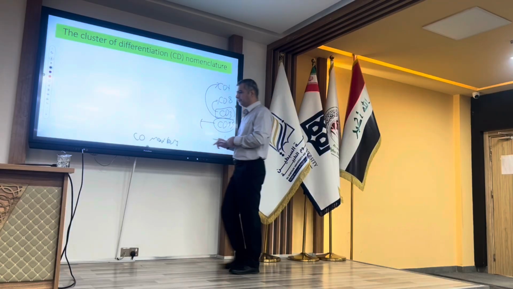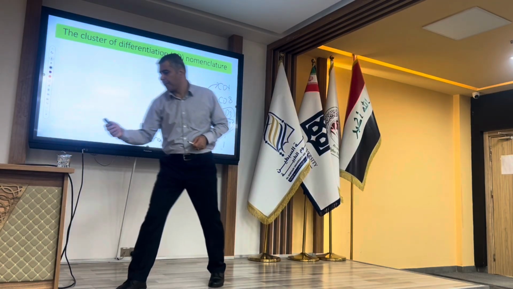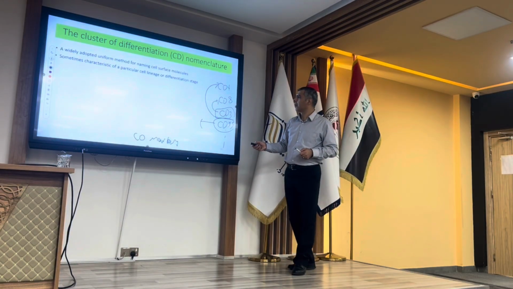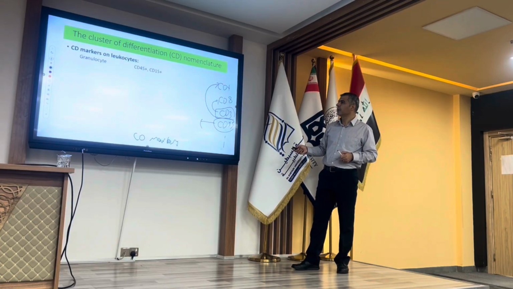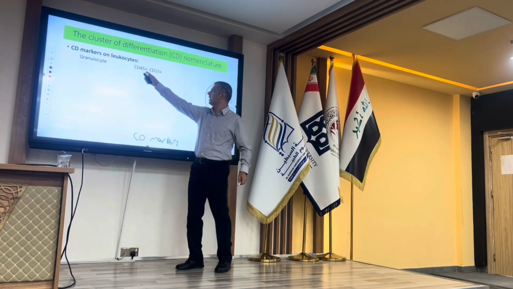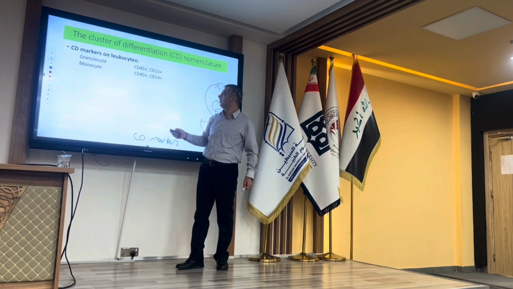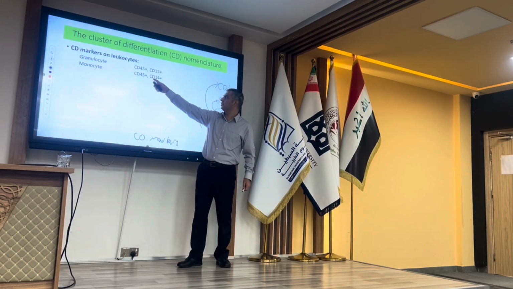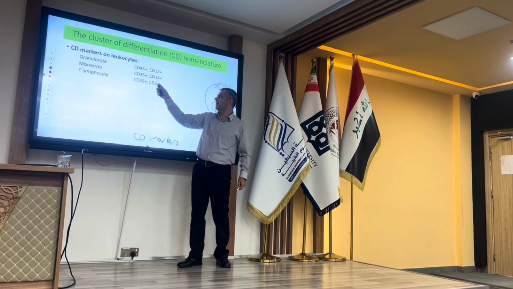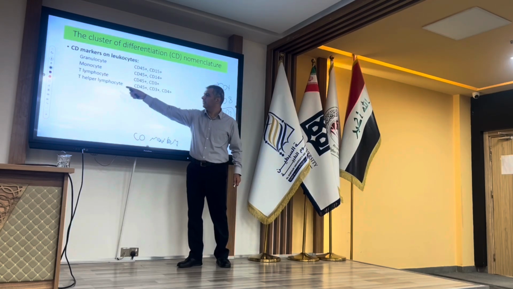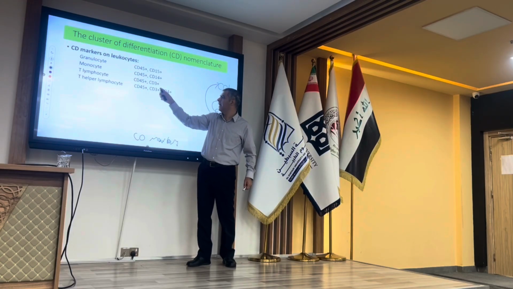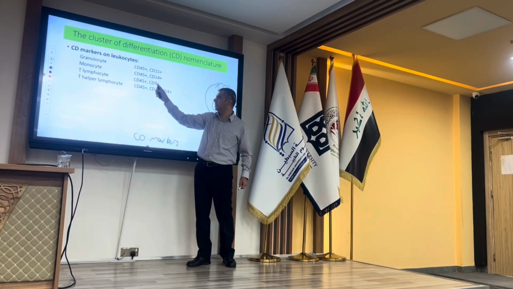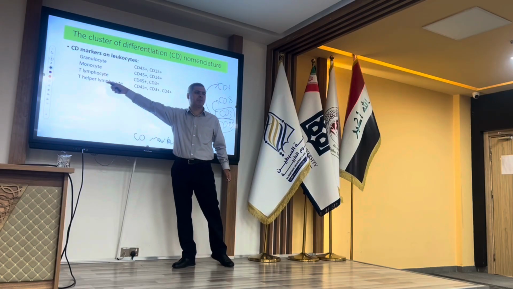For example, all granulocytes have CD45, and monocytes have CD45 and CD14. T lymphocytes have CD45 and CD3. T helper cells have CD45, a marker of leukocytic cells, CD3, a marker of lymphocytes, and CD4, a marker of T helper cells.